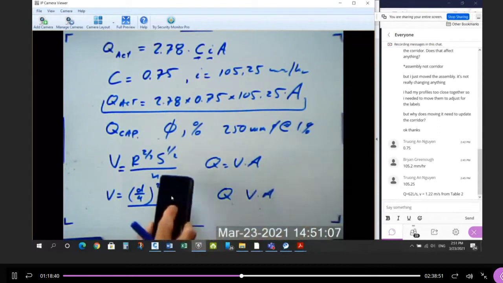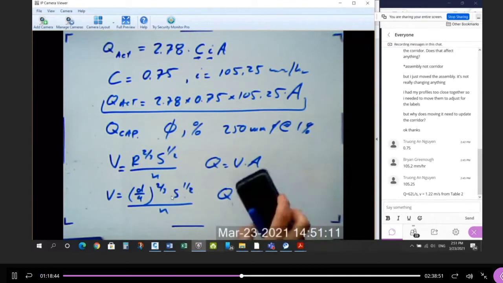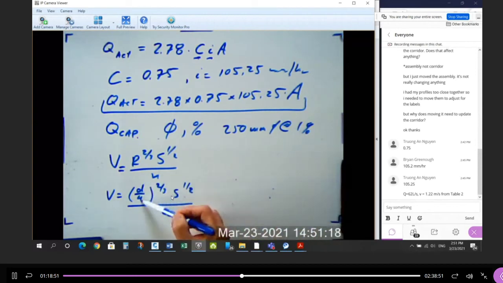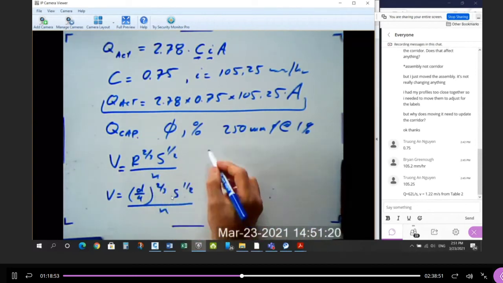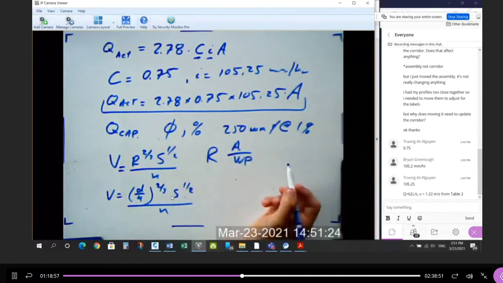Okay, so this is the V, and this should be review, but I'll go through it anyway. I'll do Q in a moment. The diameter over 4 comes from the hydraulic radius. R is equal to the end area divided by the wetted perimeter, which is the circumference.